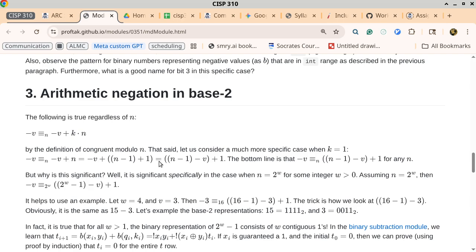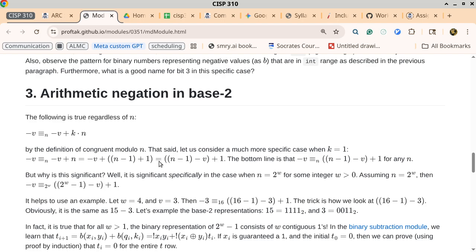Let me give you the actual question here. We'll call this the mystery operator, your rectangle with a circle with a question mark. So this is x, this is y equals d. What is the name of that operator?